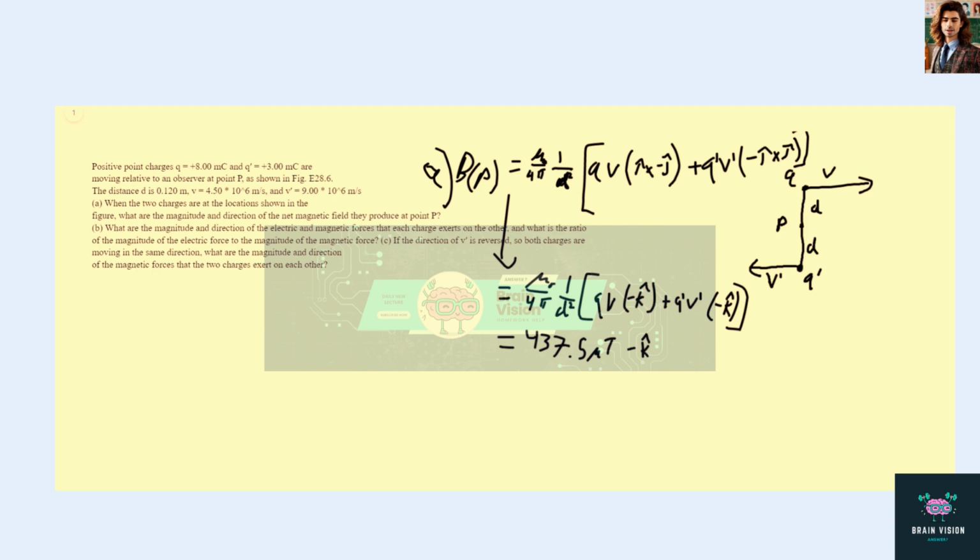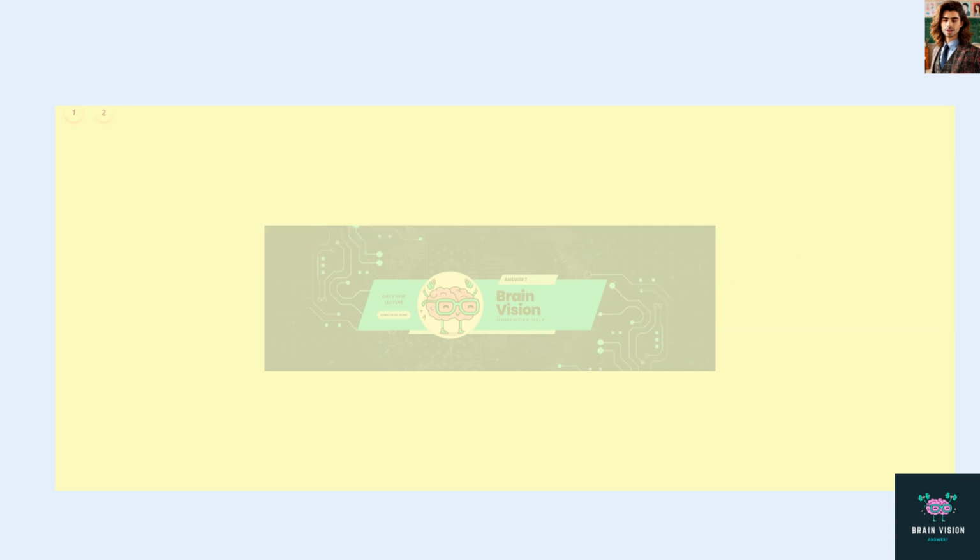Part B was the magnitude and direction of the electric and magnetic forces the charges exert on each other. Okay, so first off, I'm going to start with the next page. So we have the force, the electric force of Q acting on Q prime.